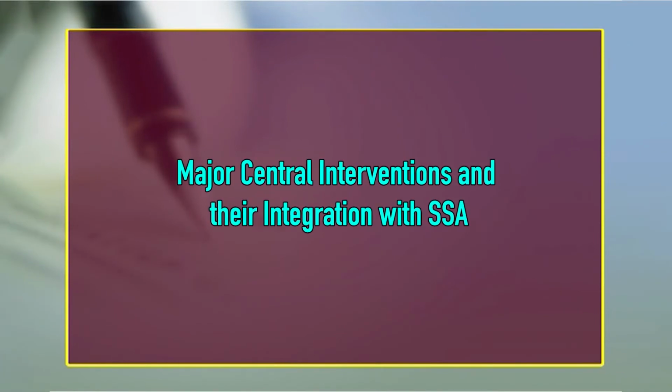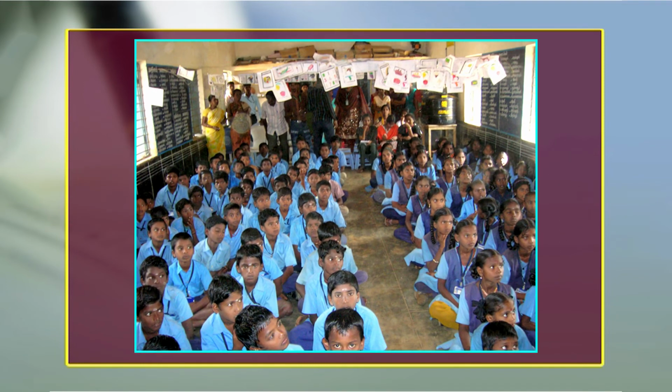Now let's come to the major central interventions and their integration with SSA. There have been several innovative schemes in the elementary education sector since the National Policy on Education was made operative in 1986.